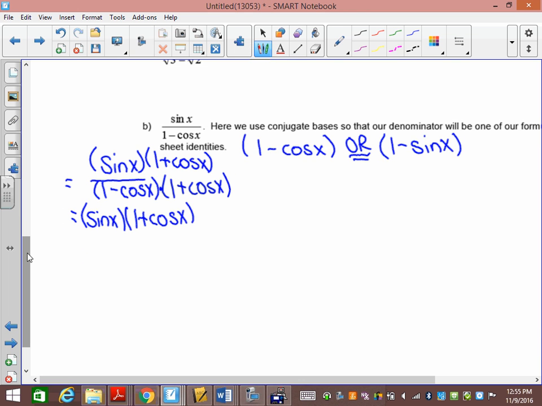Put together the conjugates, though. So I'm going to get 1 times 1, which is 1. 1 times cos x, which is plus cos x. 1 times negative cos x is negative cos x. What happens when I multiply by conjugates? My middle terms cancel. That's the point of multiplying by a conjugate.